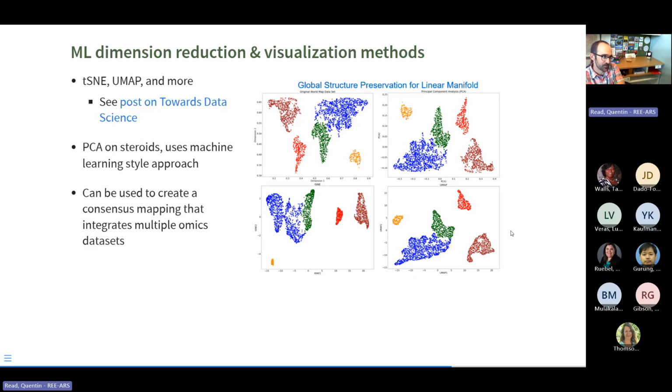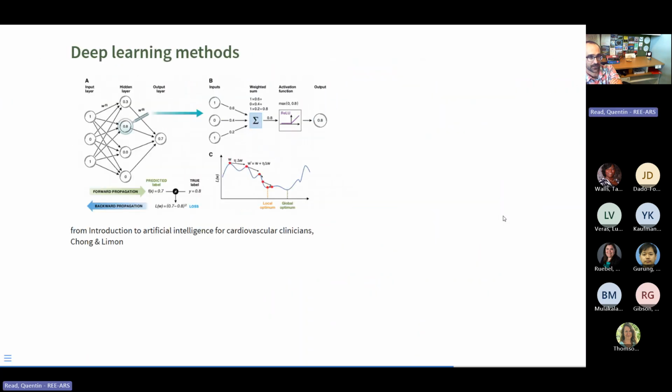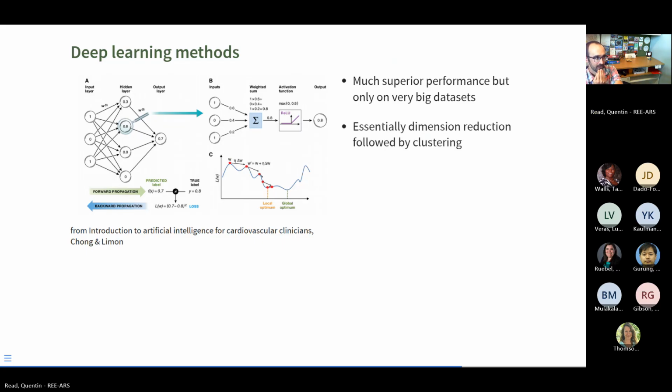So they're comparable to PCA, but perform better on really big data sets. And the deep learning methods, as I said, are pretty cool. On very big data sets, they're actually the best. They're the cream of the crop. They do the best at predicting of any model that we've ever been able to come up with.